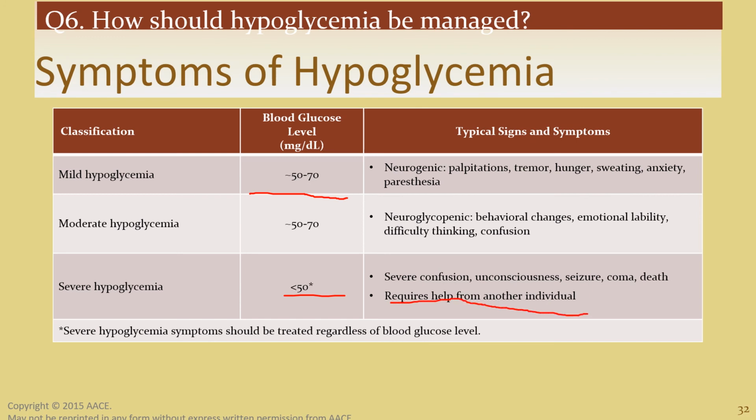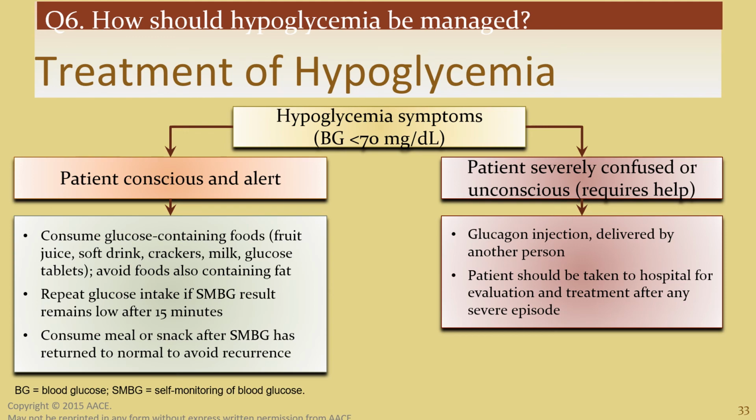So this is typically where they're going to need to be treated with an injection of glucagon, where typically up in these areas you're having them treat with some oral agents. So if they're conscious and alert, you're going to have them take some glucose-containing foods, juice, crackers, milk, hard candies, glucose gel, glucose tabs, and then they're going to recheck their blood sugar after 15 minutes.